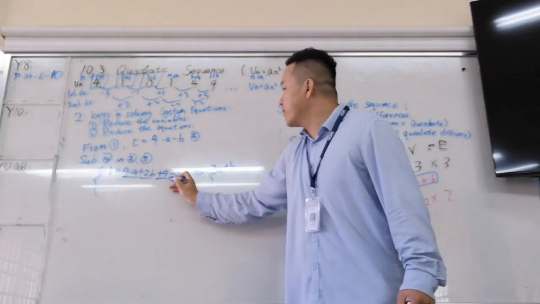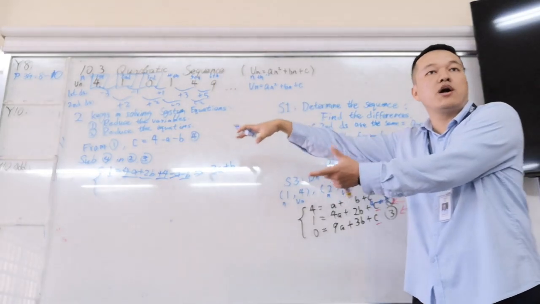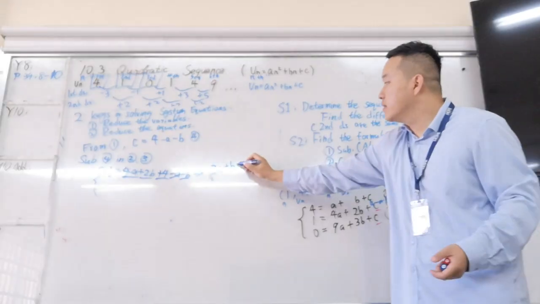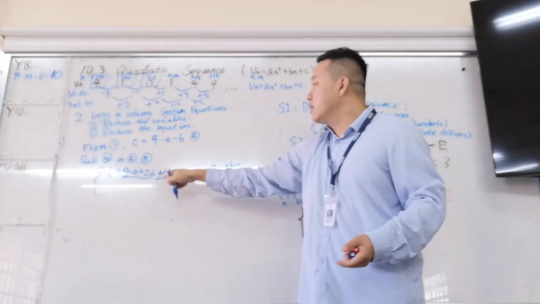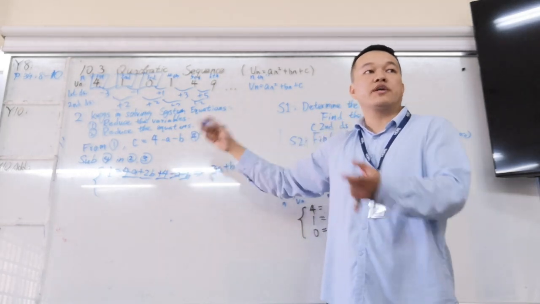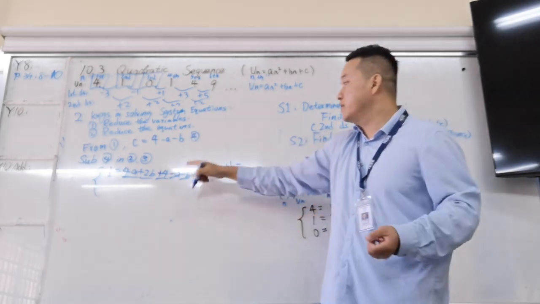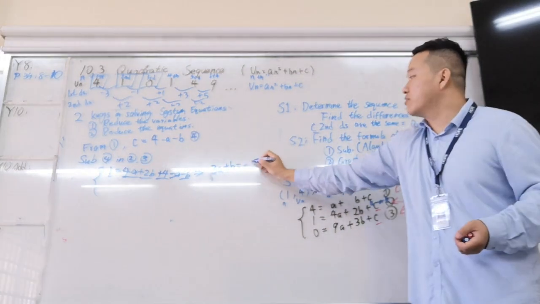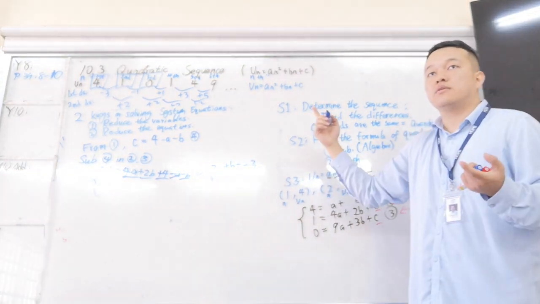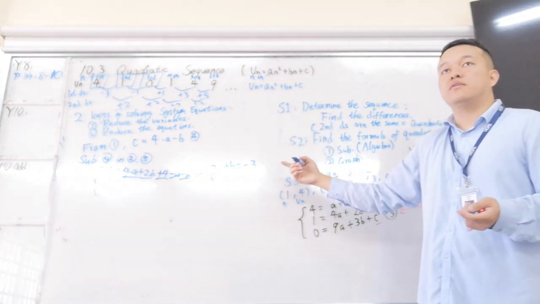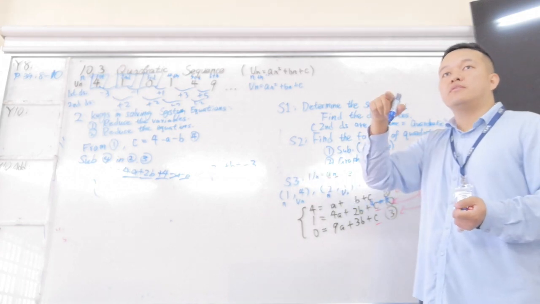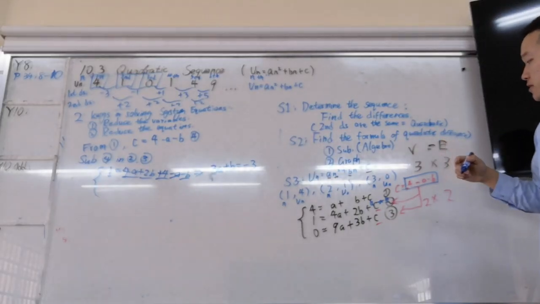How about let's just move all the constants to one side? 4 minus 1 will be negative 3, right? No, it's 1. That's correct, 4 minus 1. You got it? Okay, great.